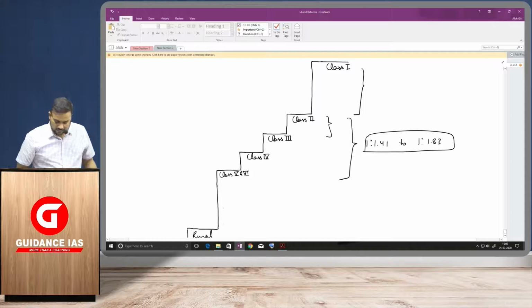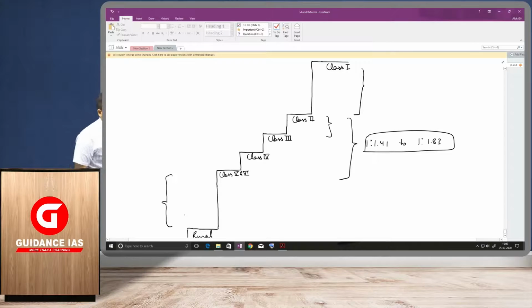And there is a very big rural-urban divide in India. Okay? So it is broken at two places. So write this down.